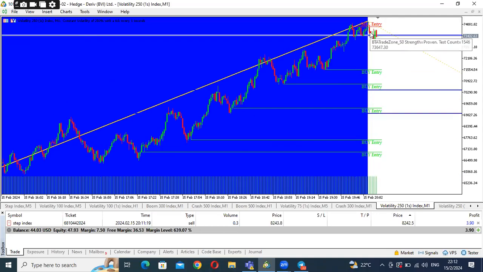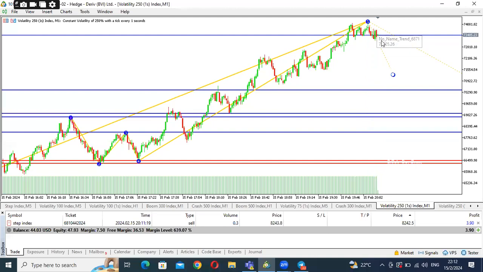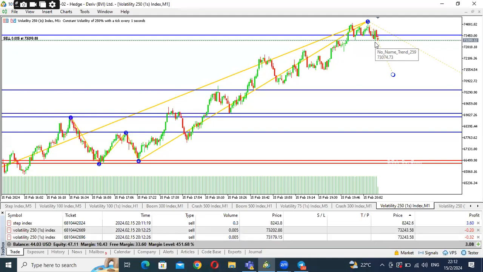On M1, there's a sell entry, but since it has reached this blue line, it shows that there's a resistance, so it might pull back a bit upwards. So we wait for it to pull back, but I think it's going down. So we can also put a very small lot size, which is 0.005.